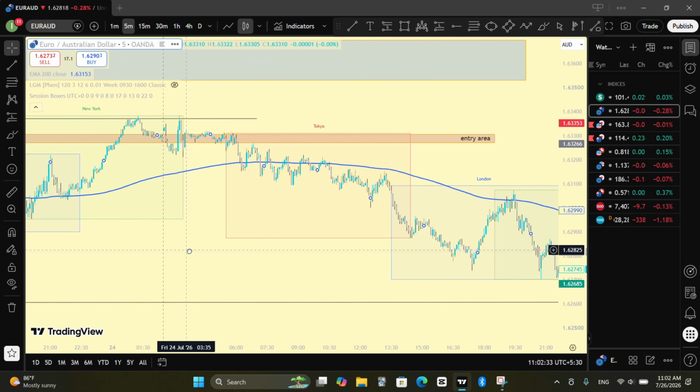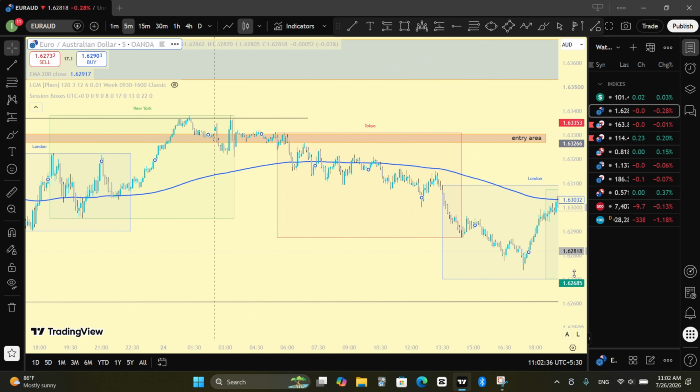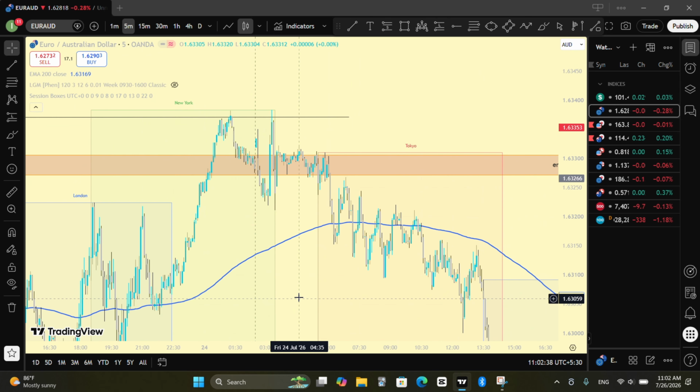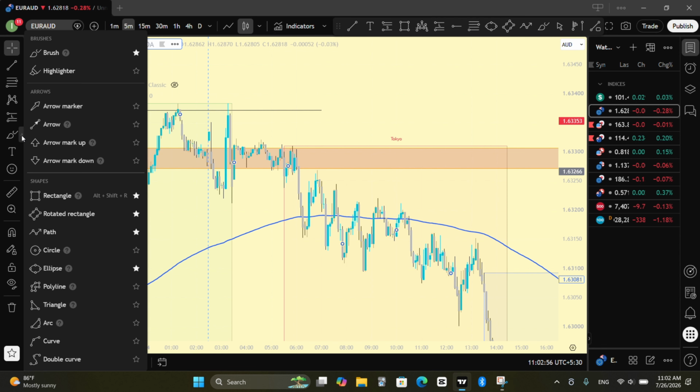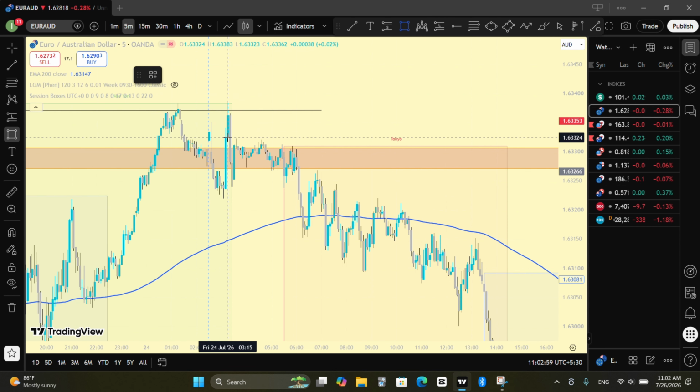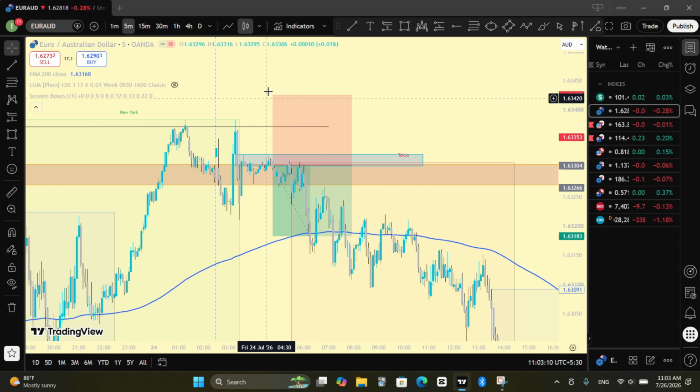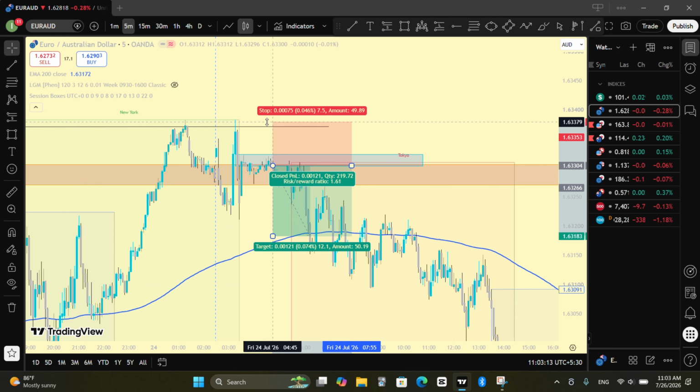If I would enter in here, I would enter on this fair value gap right here. So let me show it to you. This one, if I get that, this fair value gap right here, as you can see, I would place my order right here, with a little amount of margin.